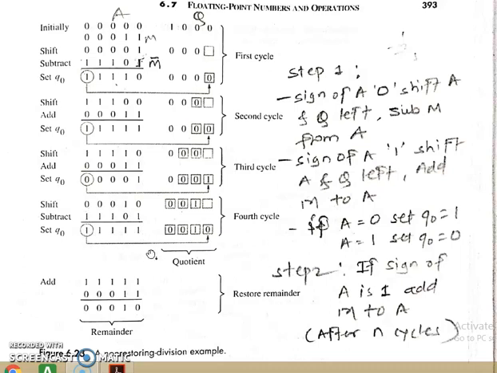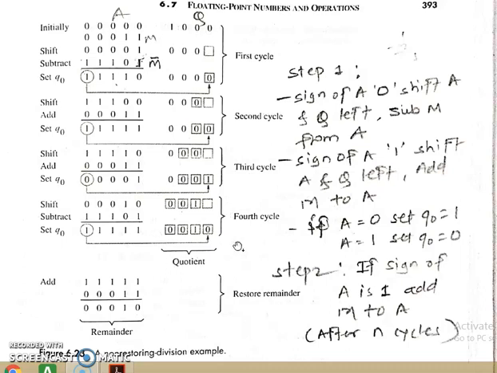So this is 1. Restore it as a 0. So finally we got a quotient, and we know that 4 cycles are completed, and after the 4th cycle we have to stop, because the quotient has 4 bits. So we have to make the cycles 4 times.